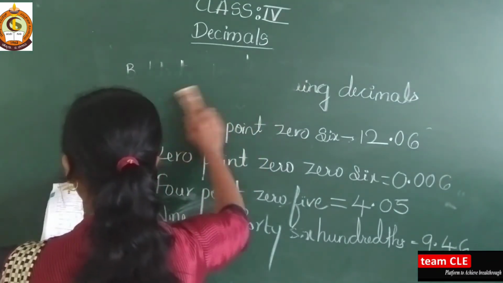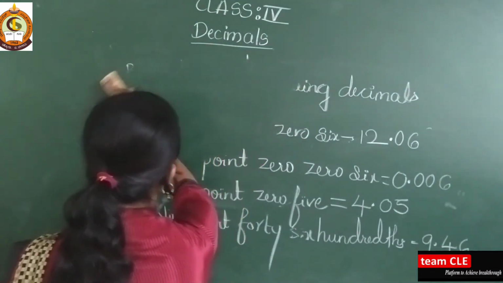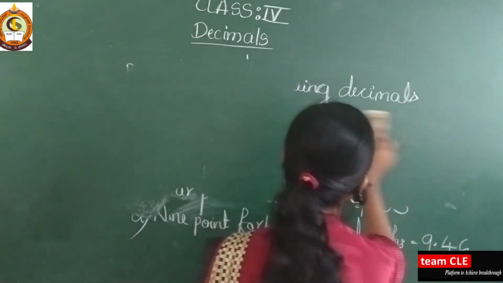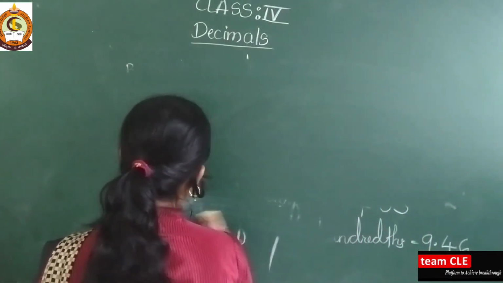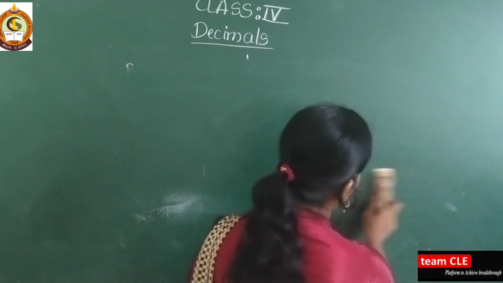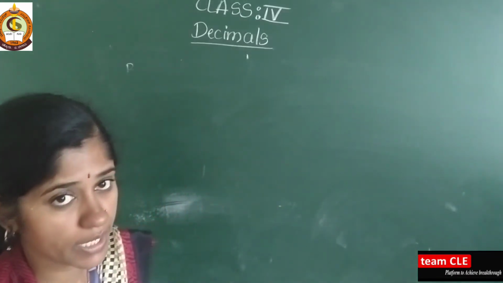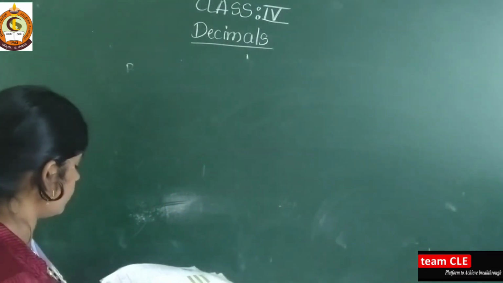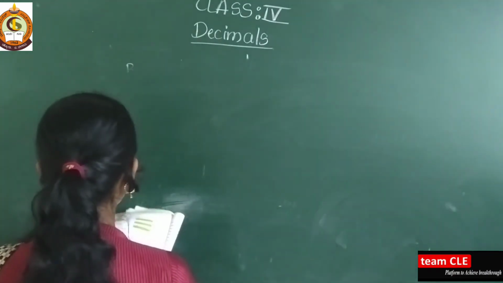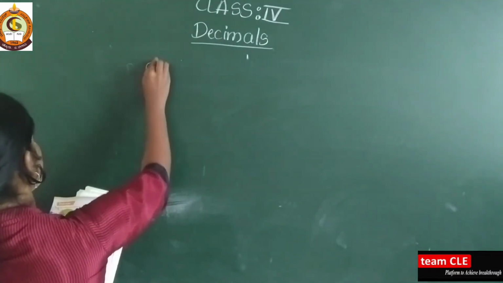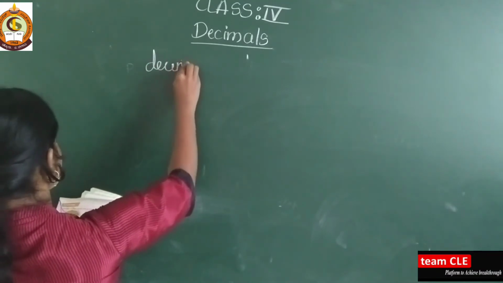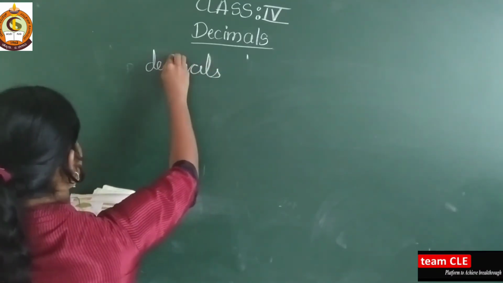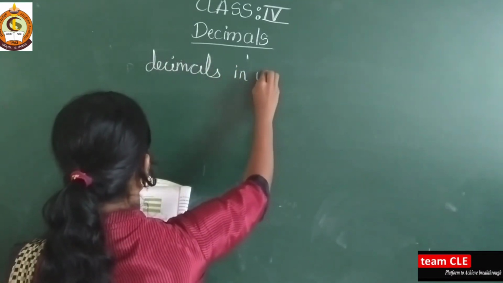Next, what is there? Write the following in words. Dear students, this is a very important topic, and the same topic is there for class 5 also. So next, decimals in words.